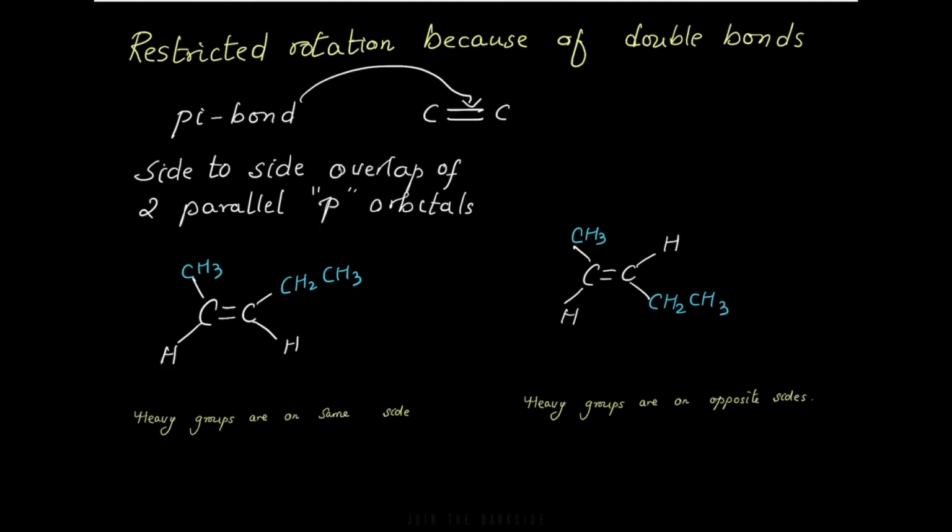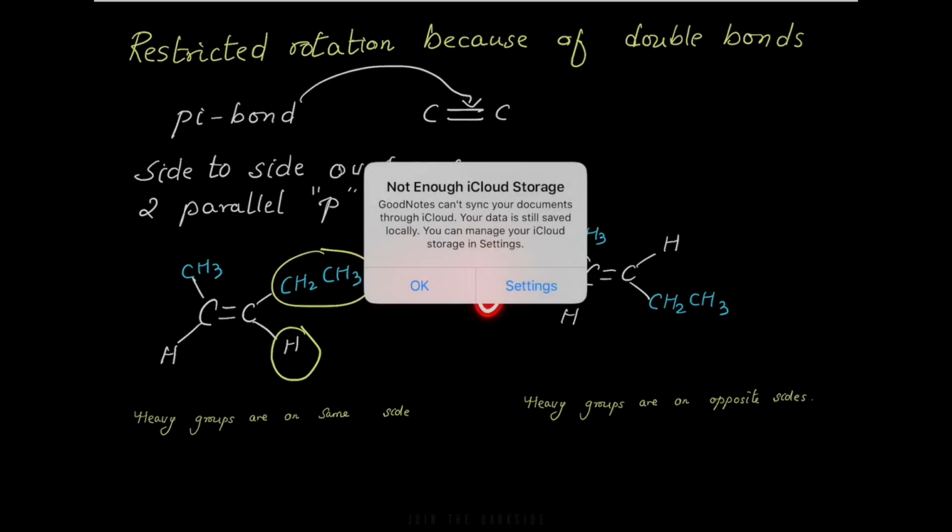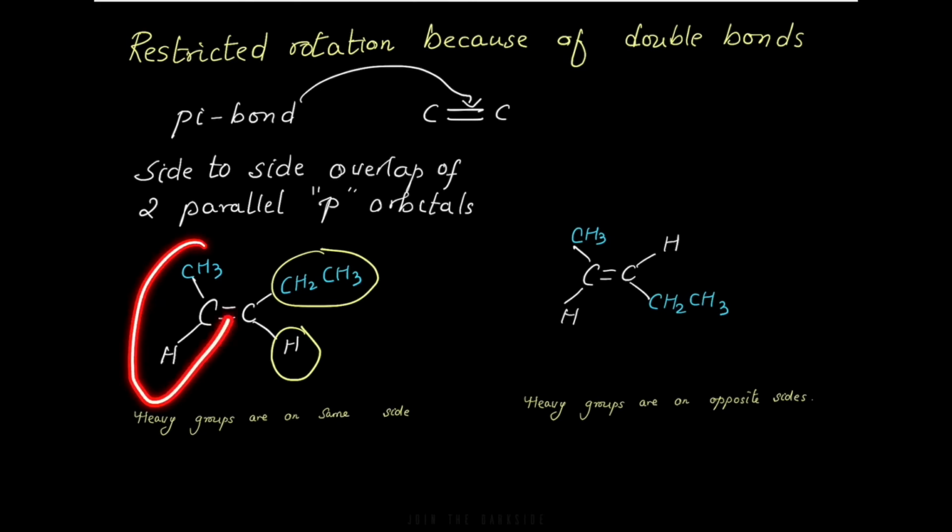So how do we assign the cis and trans configuration? You see this double bond right here. Pick one carbon, analyze the two groups, and identify which one is going to weigh heavy. Between the ethyl group and hydrogen, obviously it's going to be the ethyl group which is heavy, and you do exactly the same thing on the other side.